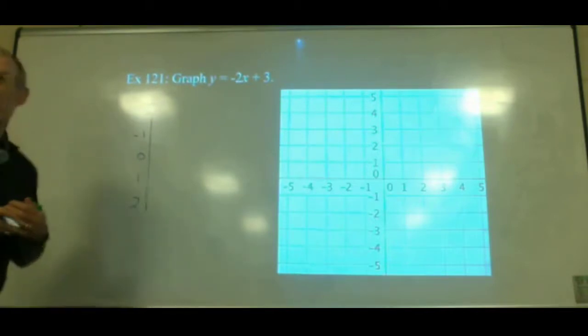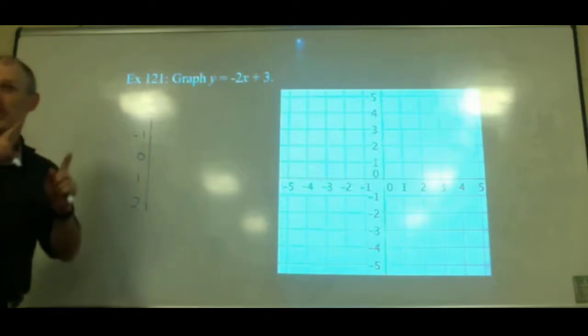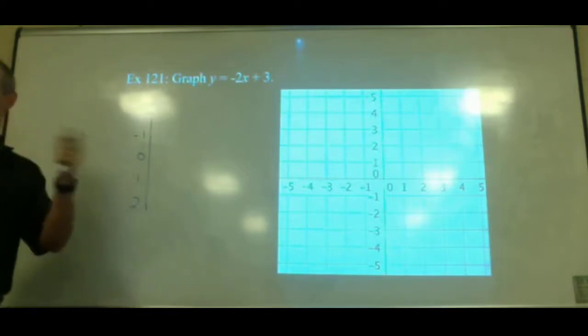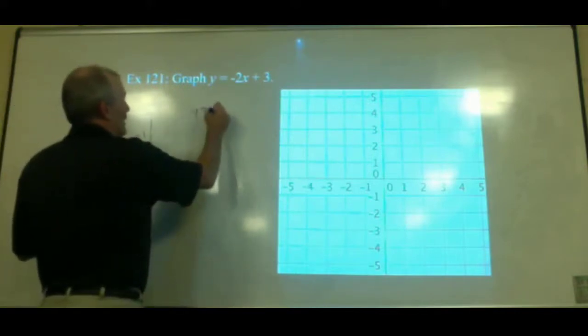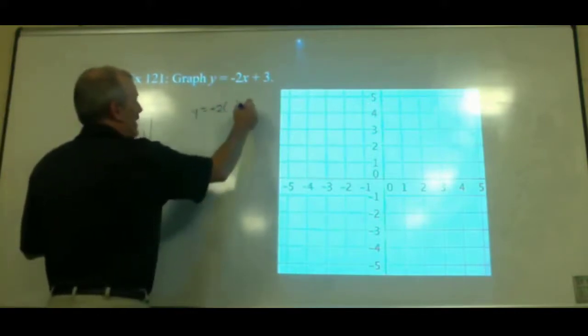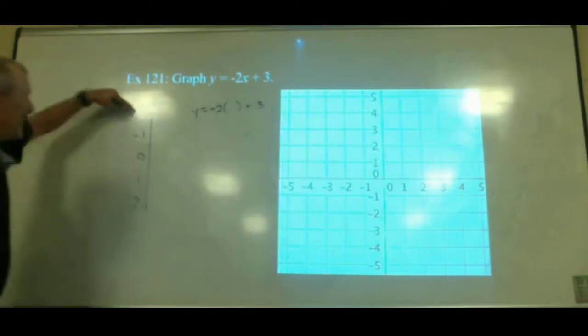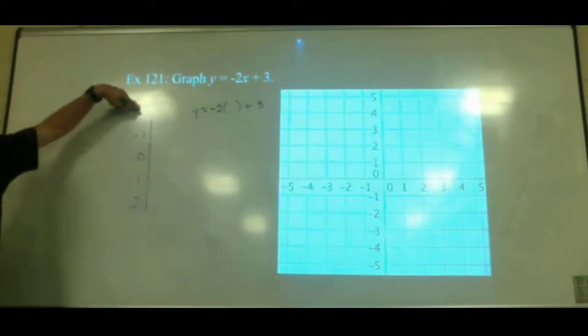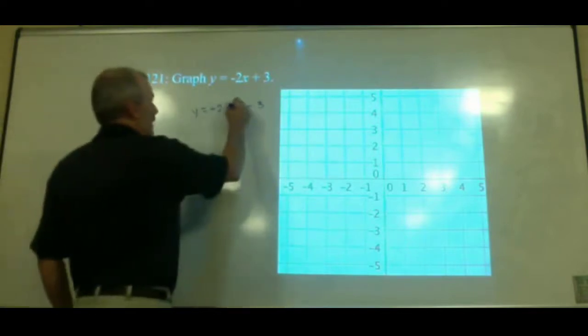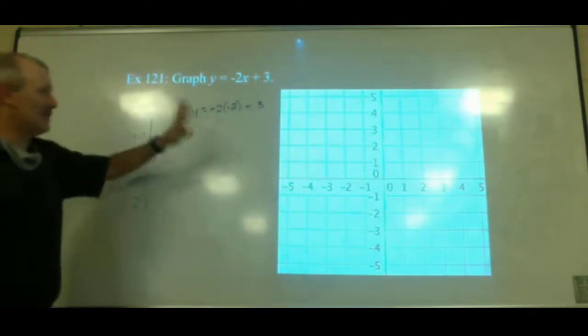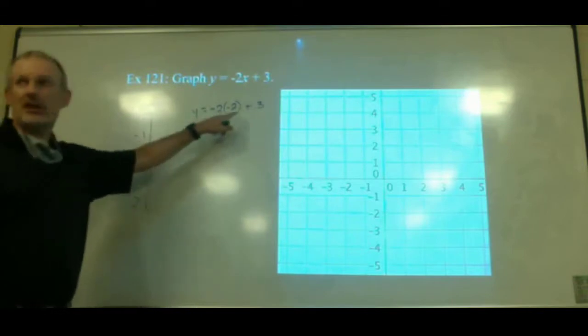Now here's what we do. Remember how we did substitution the first week and we had to plug in the numbers in place of the letters? Well, that's what we're going to do. We've got y equals -2 times x plus 3. For this first one, we're going to replace the x with a -2. When we simplify, you do your multiplication first.